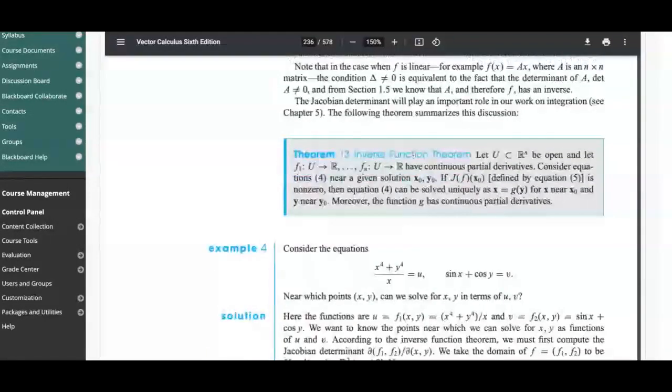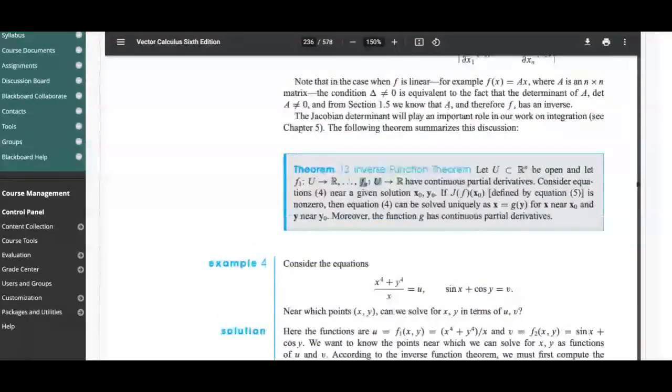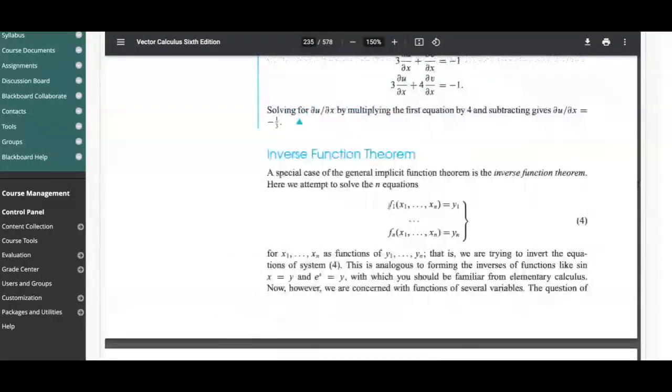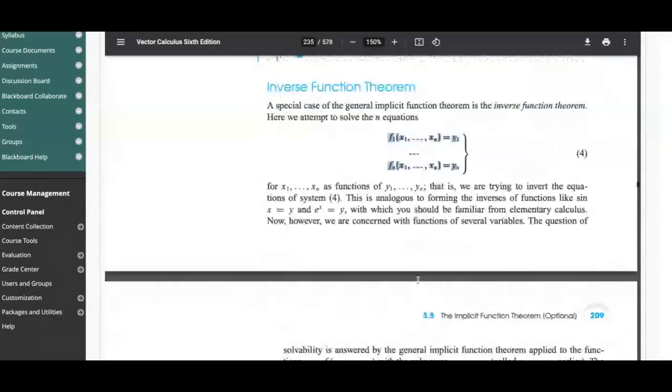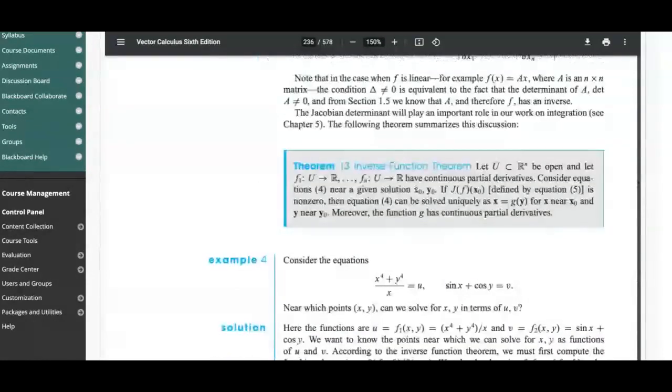Okay, inverse function theorem. We're working with an open set. Okay, f1 up to fn are real valued functions from n-space to 1-space, and have continuous partial derivatives. So consider equation 4, this one, near a point x naught, y naught, which can be the solution of the system of equations.